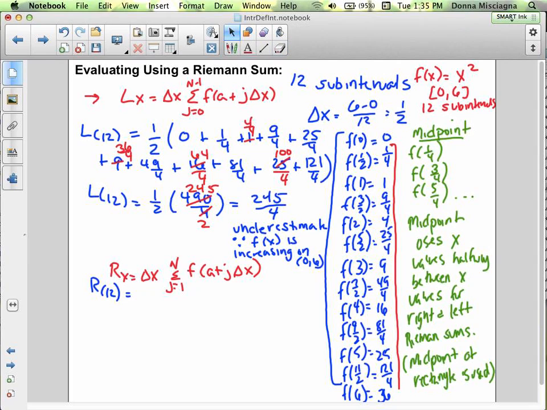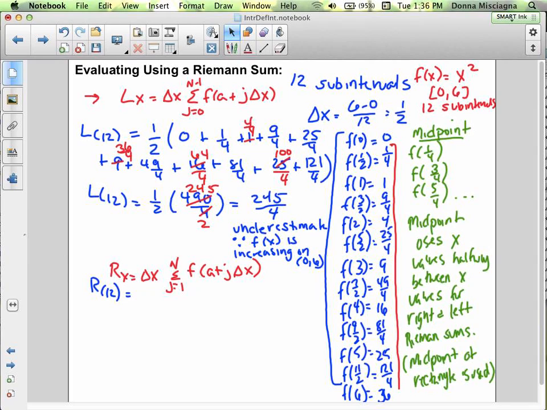The right Riemann sum does not start with the starting value. It starts with the very first value. All right, so j equals 1 is referring to the first rectangle. So instead of starting at 0, we're going to start after the change in x. So we're going to start with 1/2.